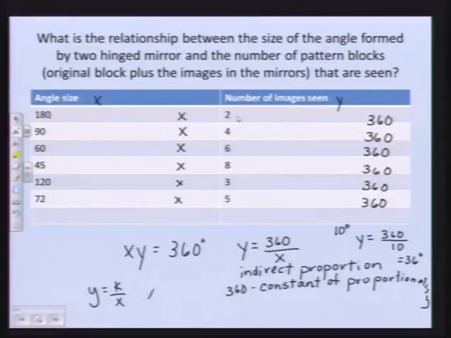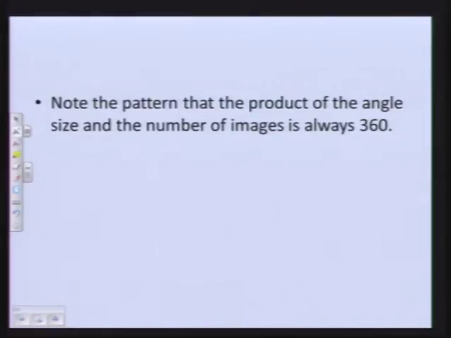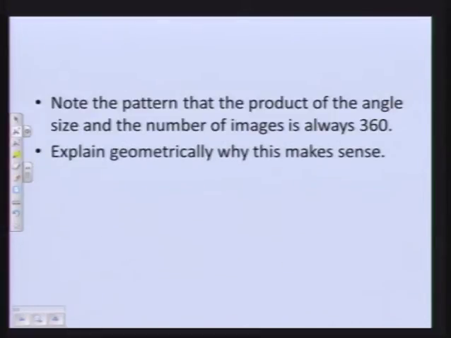So you could have had x times y is equal to some constant, which is the same thing as dividing by x to get y is equal to k over x. So that was the way we recognized the pattern for this inverse proportion, that the x and y values always multiplied to give 360. And could we explain geometrically why that makes sense?